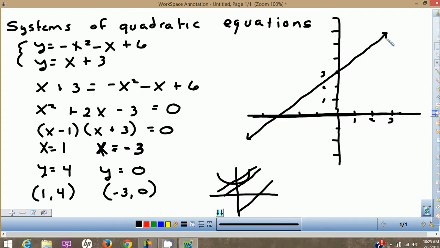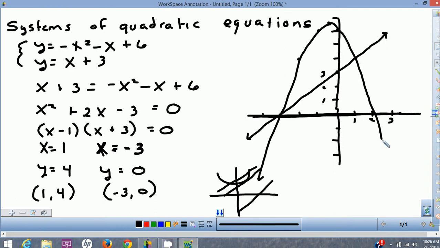My quadratic. If I compute the vertex, I end up with a point that's way up here. I have a y-intercept right here at 6, so we reflect that across the axis. Plug in a few more points, I discover that I have those. My x-intercepts are going to be here, and then if I graph my quadratic, and you can do this on your calculator if you want, my quadratic is going to look like this.